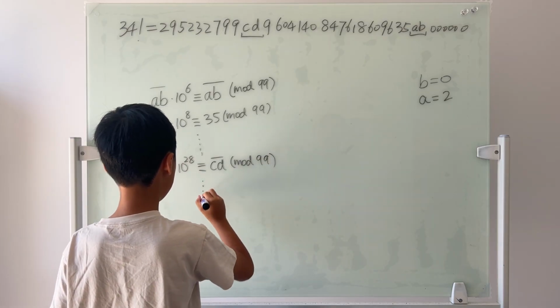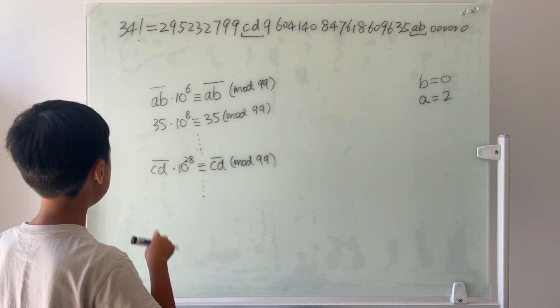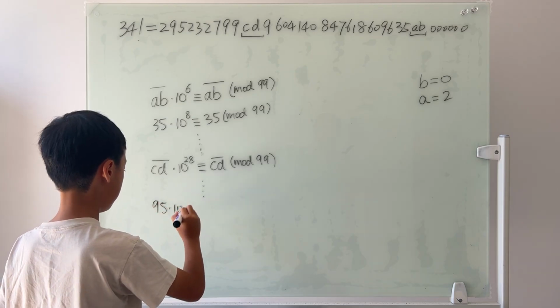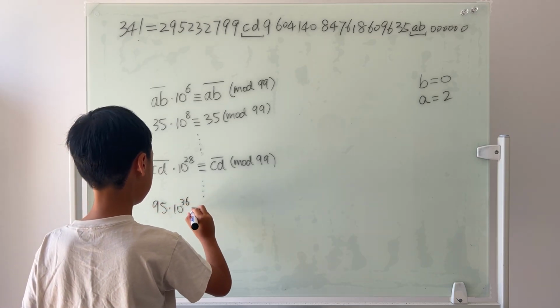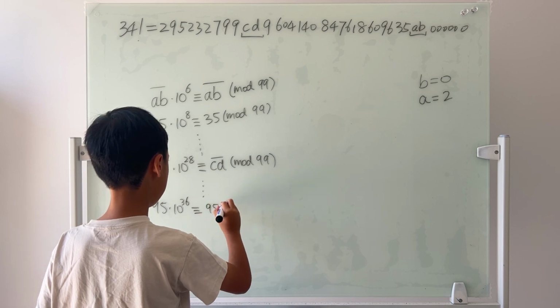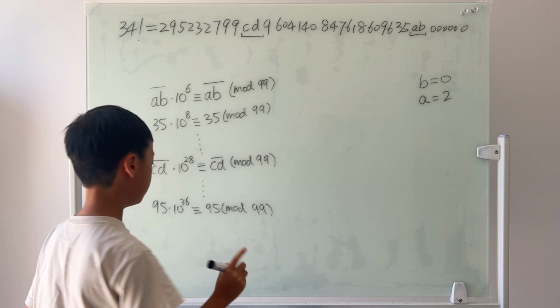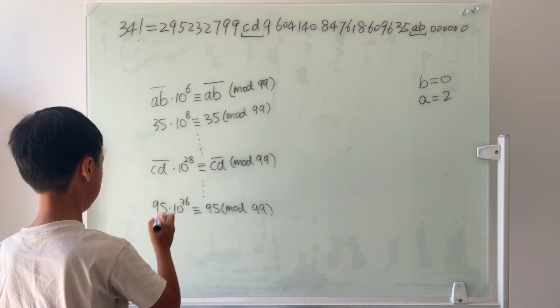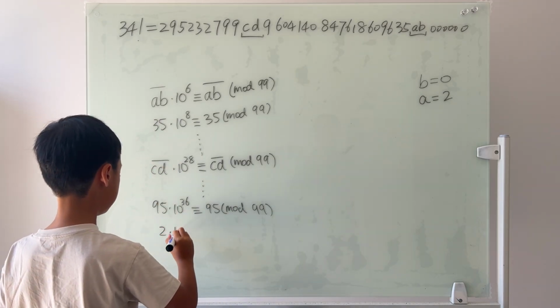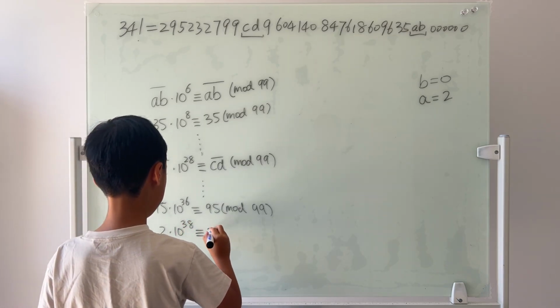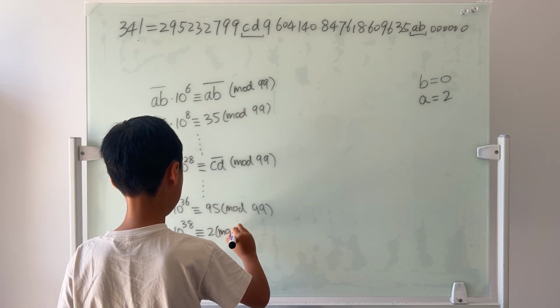And we go all the way again to 95 times 10 to the power of 36, which is congruent to 95 mod 99. And last but not least, our very lonely 2 times 10 to the power of 38 is congruent to 2 mod 99.